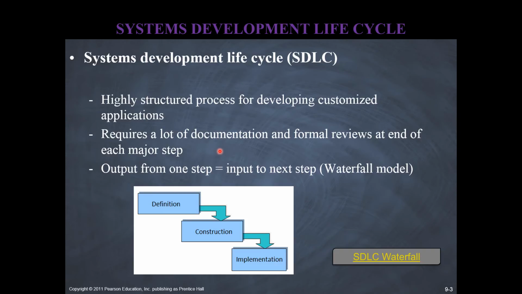In the case of large private organizations like corporations, they're accountable to their shareholders. They undergo audit, so that's why they like that it's a very highly structured process that has to be documented. And that's the idea. Output from one step is used as an input to the next step, and that's why it's called the waterfall model.